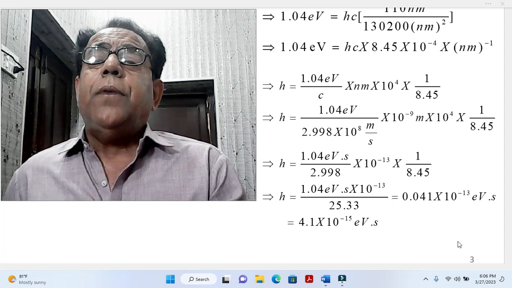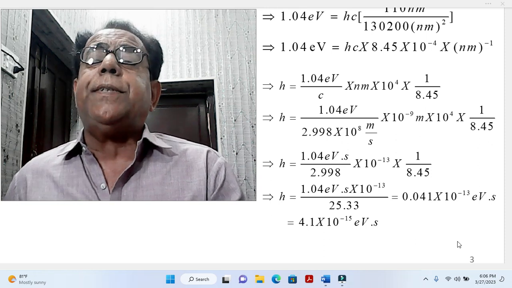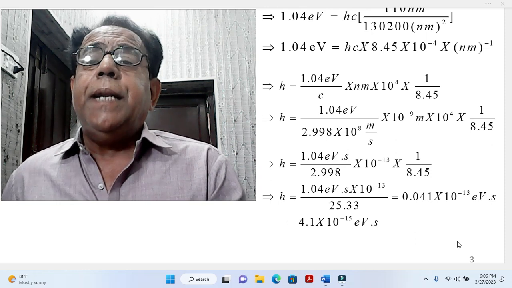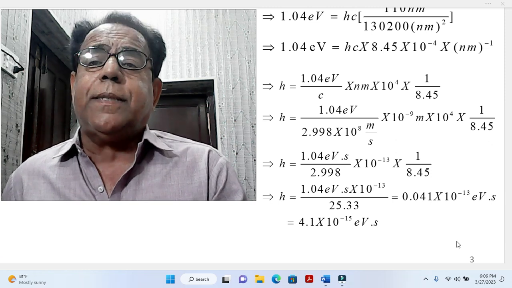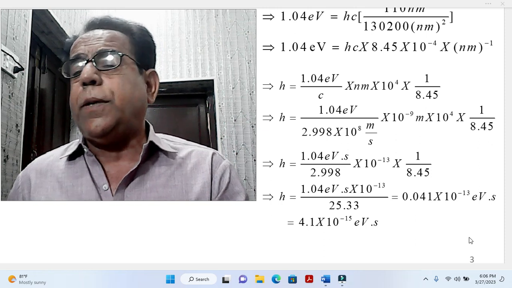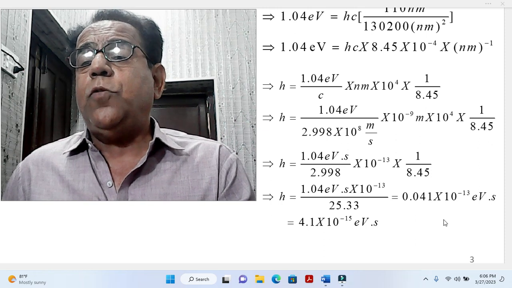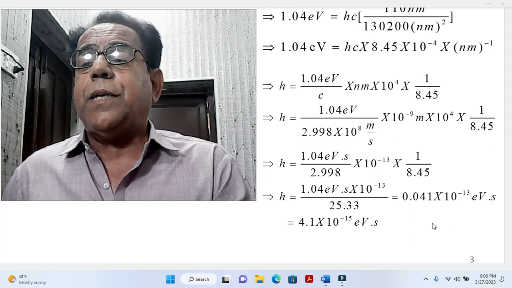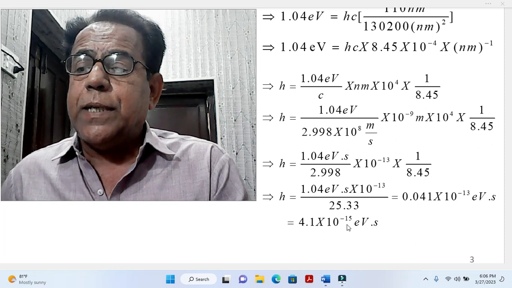Femto is 10 to power minus 15, pico is 10 to power minus 12, nano is 10 to power minus 9, micro is 10 to power minus 6, milli is 10 to power minus 3. So dear students, here the value of Planck's constant H has become equal to 4.1 into 10 to power minus 15 electron volt second.